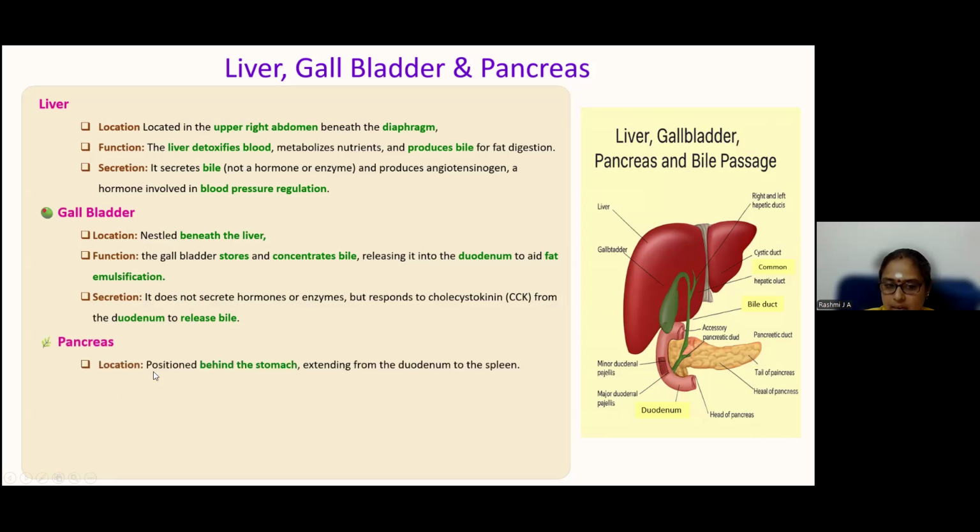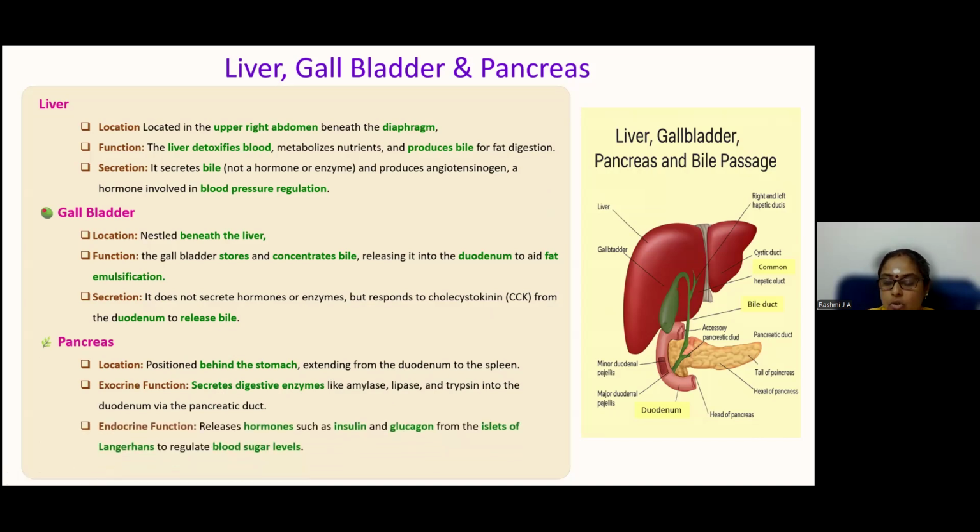Then the pancreas. It is behind the stomach and extends from the duodenum to the spleen. Here it has two kinds of functions: one is exocrine and another one is endocrine. Just to give you an understanding, exocrine glands produce enzymes which are secreted to the targeted region through a duct.